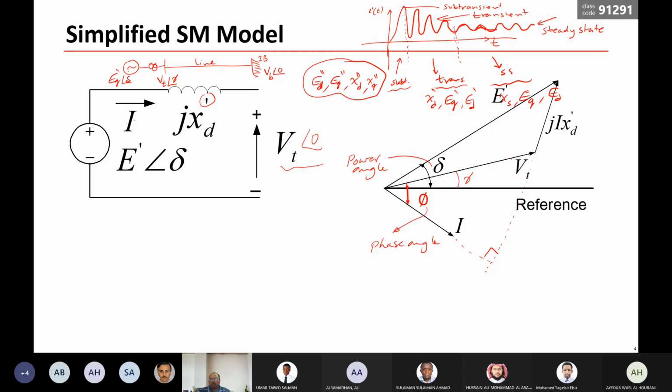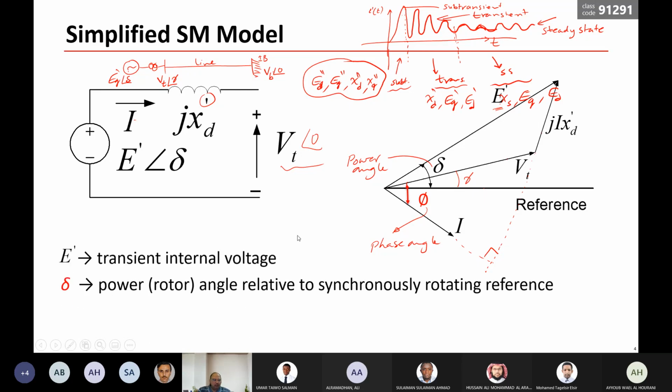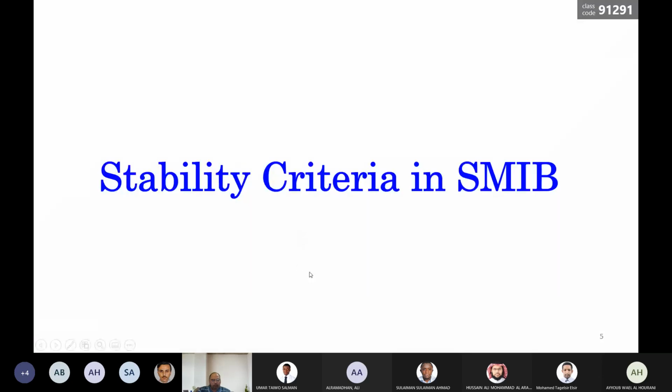The summation of VT plus the voltage drop gives you the voltage E, the internal voltage induced inside the machine, with angle delta with respect to the reference. So this is the phasor diagram.